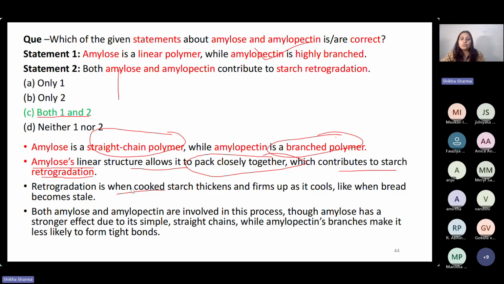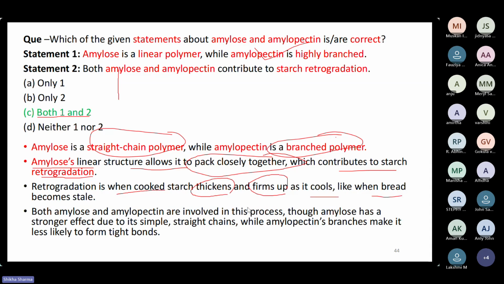Retrogradation is when cooked starch thickens and firms up as it cools, like in the case of bread staling. Both amylose and amylopectin are involved in the process of retrogradation of starch, though amylose has a stronger effect due to its simpler, straight chain structure, whereas amylopectin has a branched structure, which makes it less likely to form tight bonds.